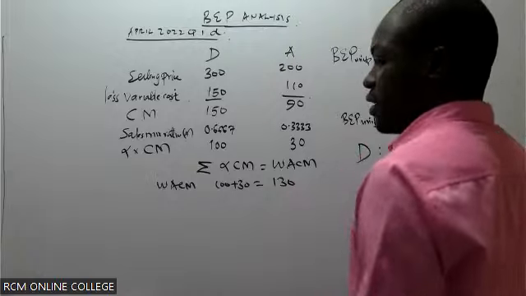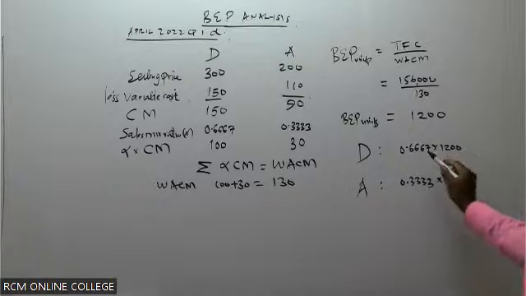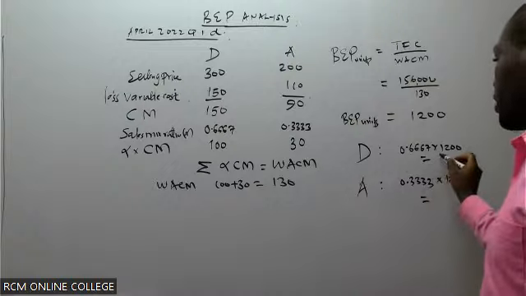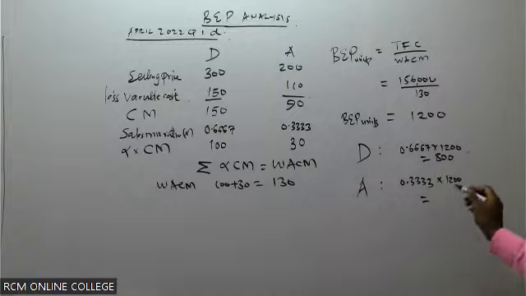What are we going to have as the share? I'm told D will be having 800 and A will be having 400.